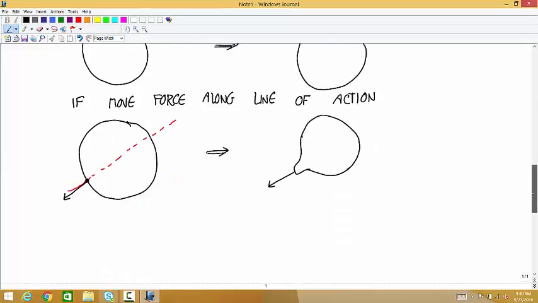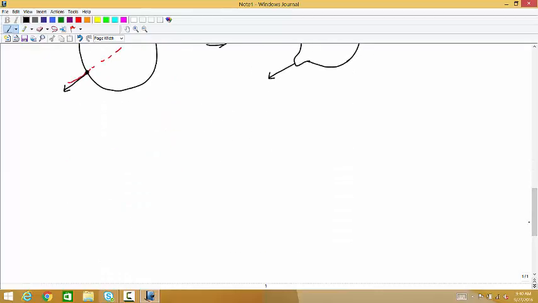Okay, so let me do an example. This is like an exercise that I just invented for this problem.